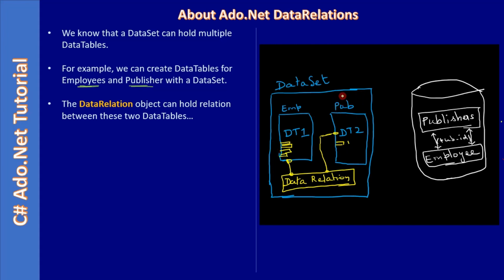And the data set will be filled using the data adapter, which we learned about multiple times in our previous videos, right? Using the data adapter we will fill the data tables, and after filling the tables we will create a data relation object and link these two tables.